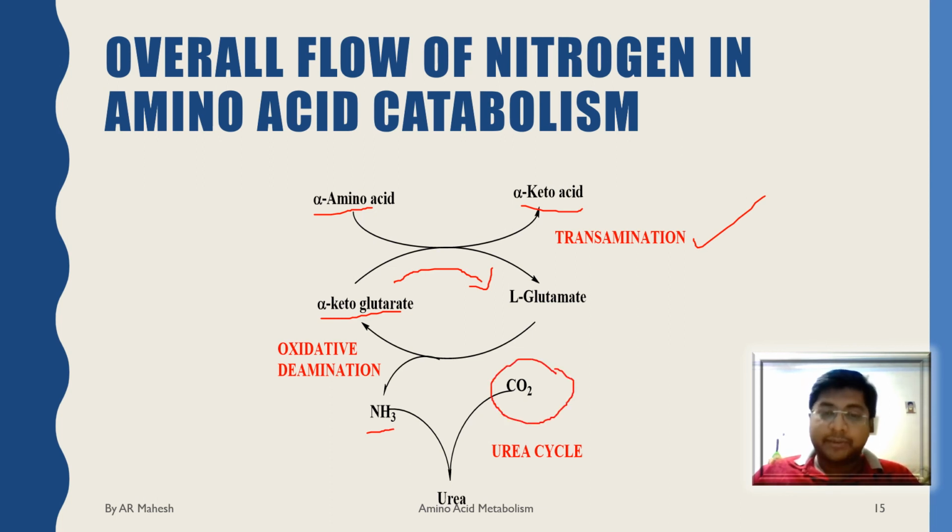The ammonia from deamination and the carbon dioxide from decarboxylation combine and undergo various steps in the urea cycle to form urea, and this urea is excreted through urine. We have to remember that the only way the metabolized nitrogen is excreted out of the human body is through urea in urine.